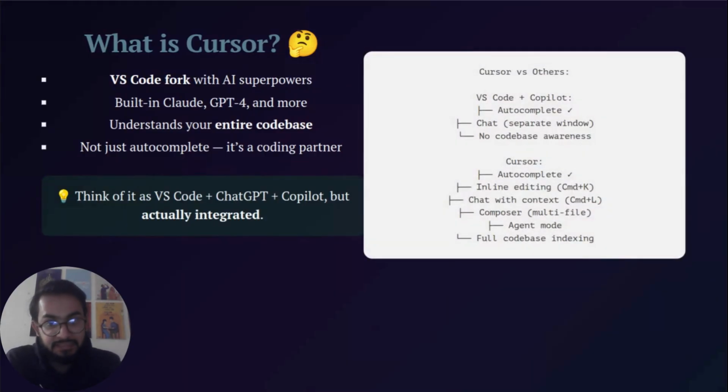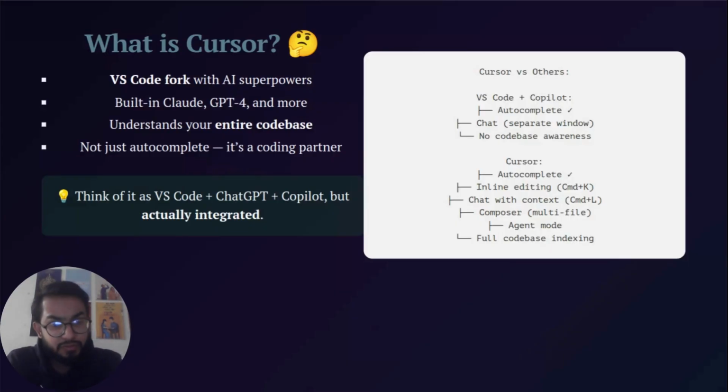but integrated. So what is the difference between VS Code plus Copilot and Cursor? With VS Code plus Copilot, you get autocomplete suggestions from Copilot, and you have a separate window for chat, and there is no code base awareness at all. But in Cursor, it's not only autocomplete suggestions, it also has the superpower of inline editing and chat with context.